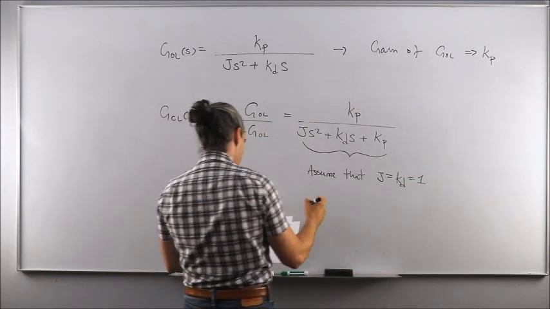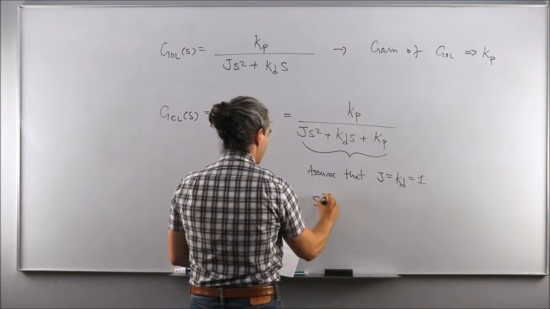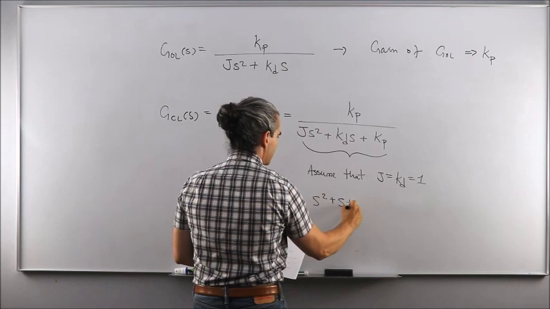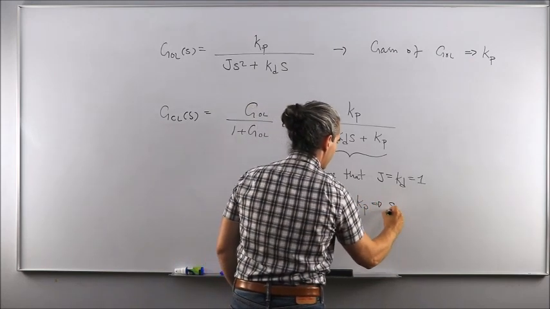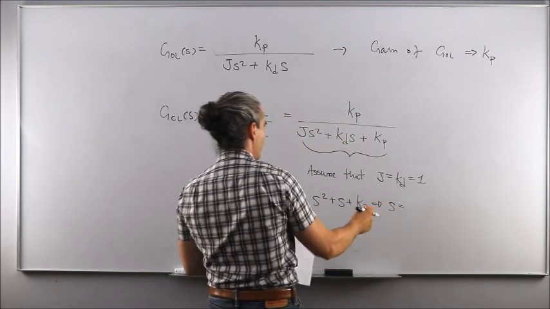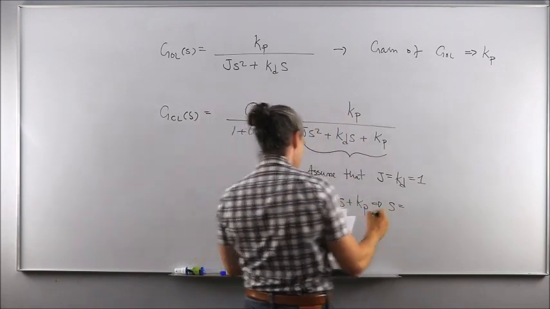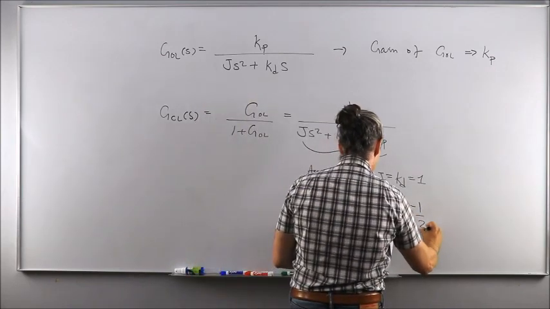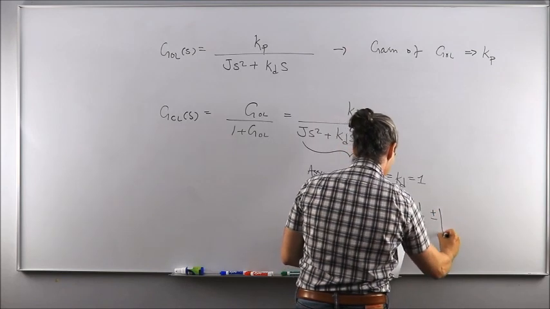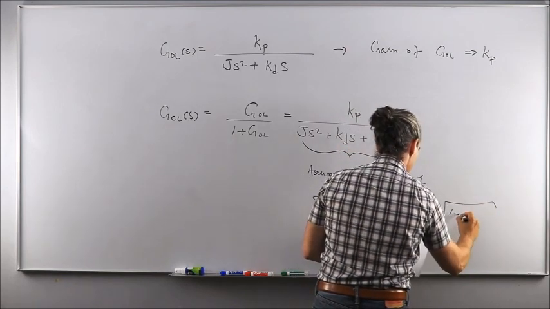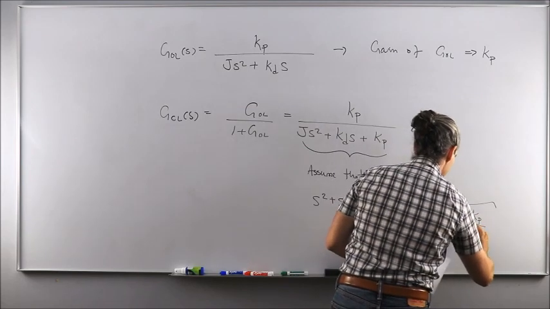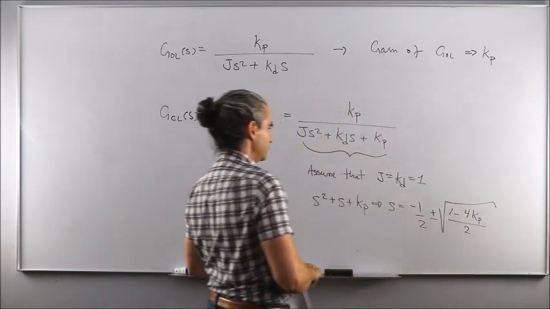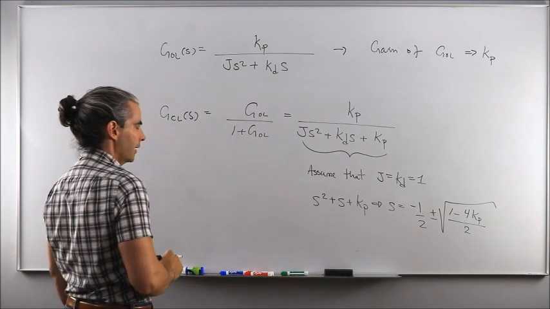If you do so, you will end up with s squared plus s plus Kp, which would give you the poles of the closed loop transfer function located at minus 1/2 plus minus the square root of 1 minus 4Kp, over 2. Okay?